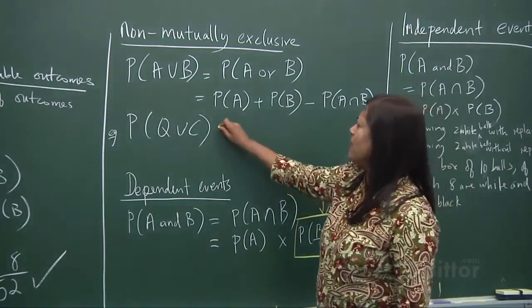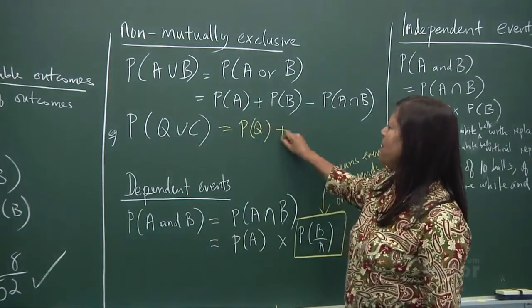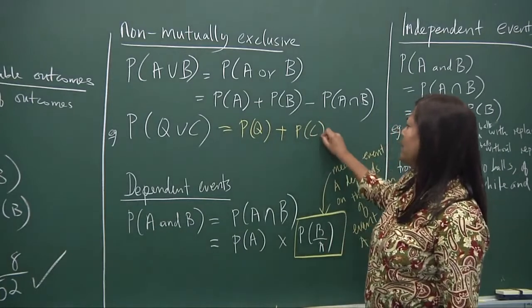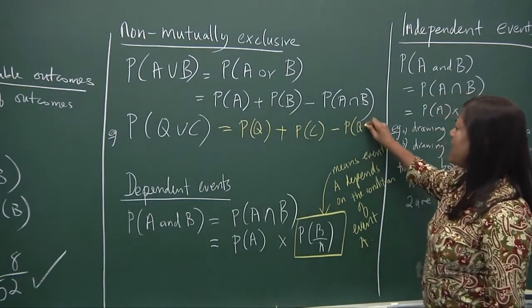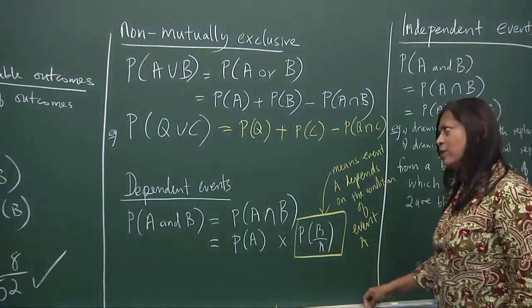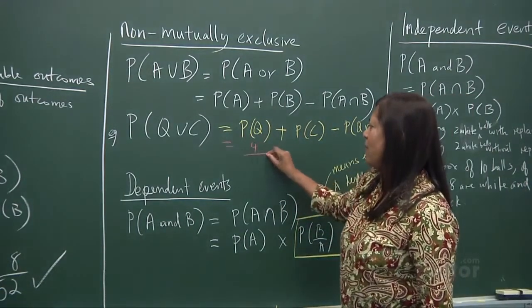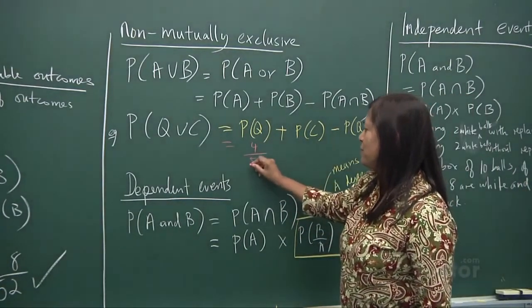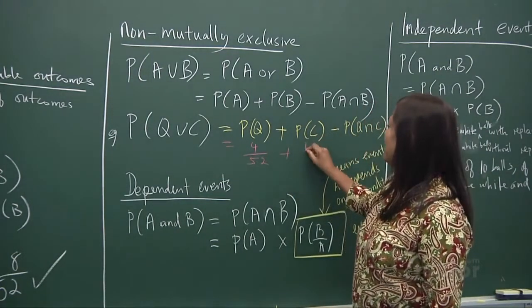So the probability of getting a queen plus the probability of getting a club minus the probability of getting a queen intersect a club. Can you tell me what that will work out to, my dear? How many queens are there? It's 4 out of 52. And how many clubs are there?